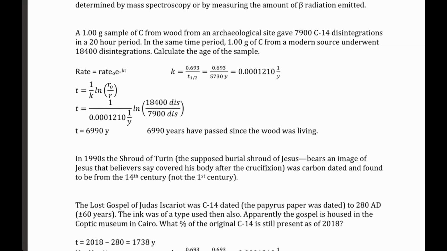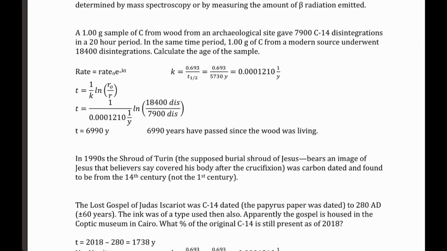The old source, the piece we're interested in from this archaeological site, has an amount of disintegrations, 7,900 in that time period, that is much, much less because through the years it has lost a lot of carbon-14. So from this, we can calculate how long ago that piece of wood was living, and that gives a sense of how old this archaeological site is.